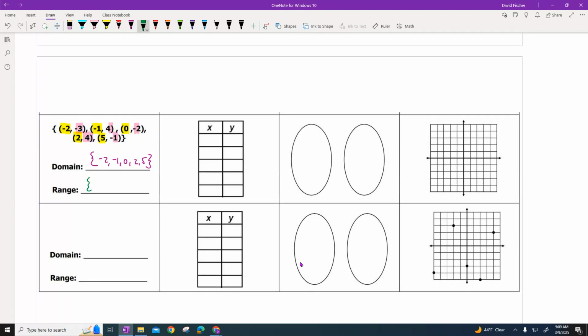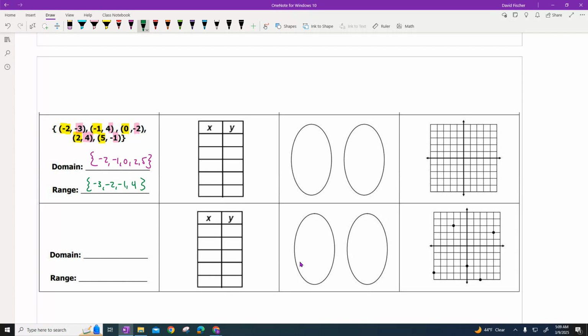It looks like my x's were in order, which is nice, but my y's are not in order. I got a -3, -2, I see a -1. I see 2 4s, but I'm only going to write it once. And I thought I saw a 5. No. Okay. Looks like that's it.